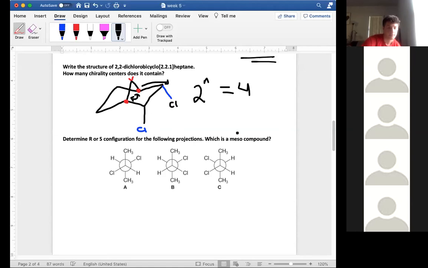Okay. Thank you. So here you're not even given a name. You're just given the Newman projections and it's asking you which one's meso. So does anybody know what they're looking for when it comes to meso?